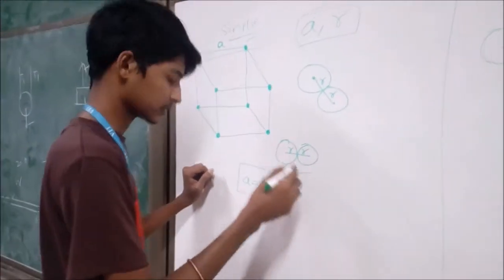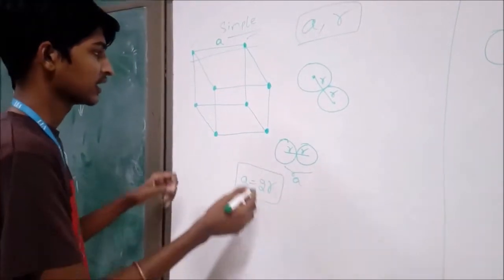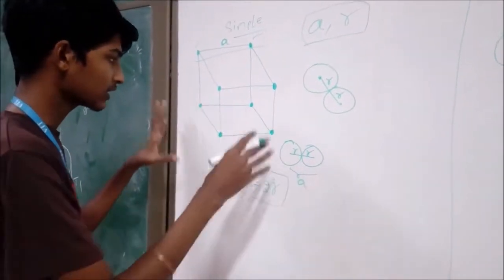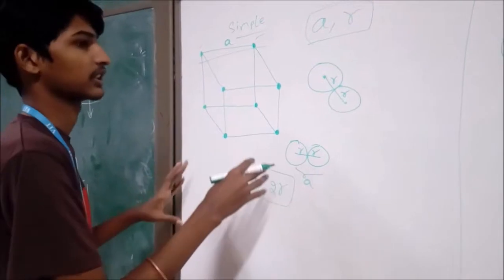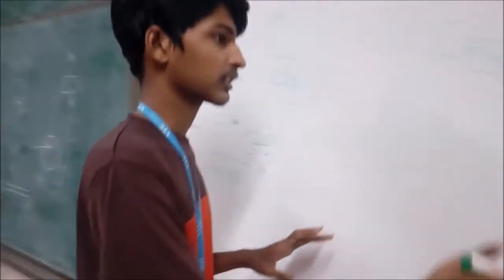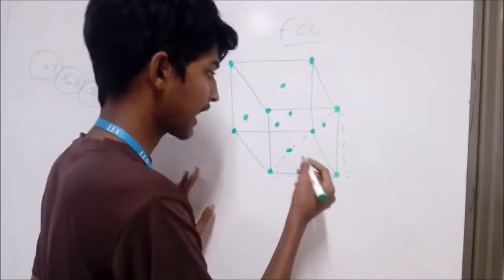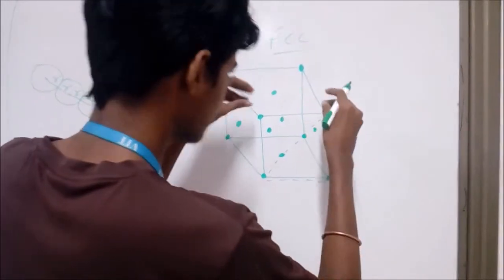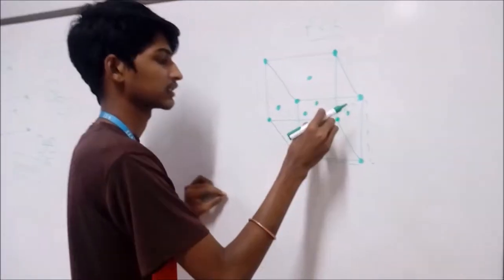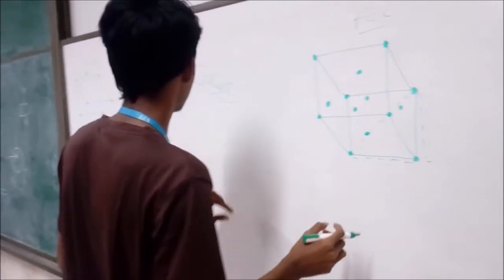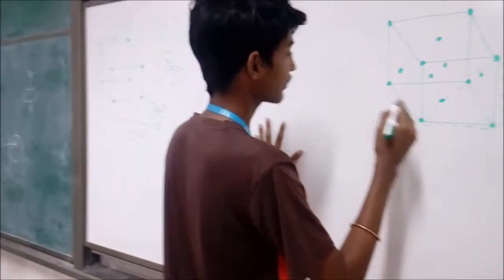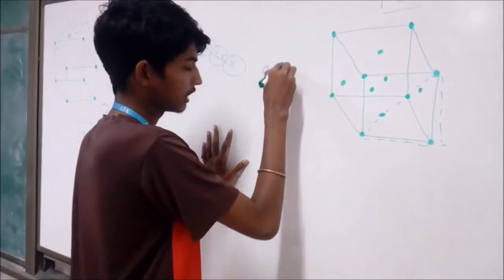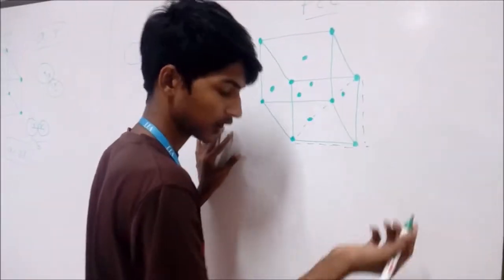Whereas in the FCC and BCC it changes, since in a simple unit cell there are no other atoms except on the corners. But coming to the FCC, here there are atoms not only on the edges but also in the middle of the faces. So while calculating the relation between A and R for an FCC, we need to use the Pythagoras theorem.